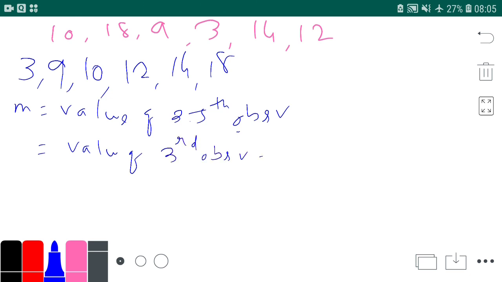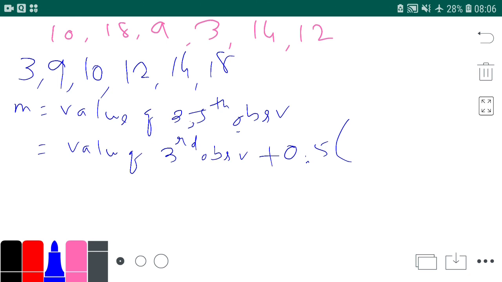Now how will you solve this? See, in the value of the 3.5th observation, make 3 separate and 0.5 separate. So it is the value of the third observation plus 0.5 into. Now, 3.5 is between which two digits?